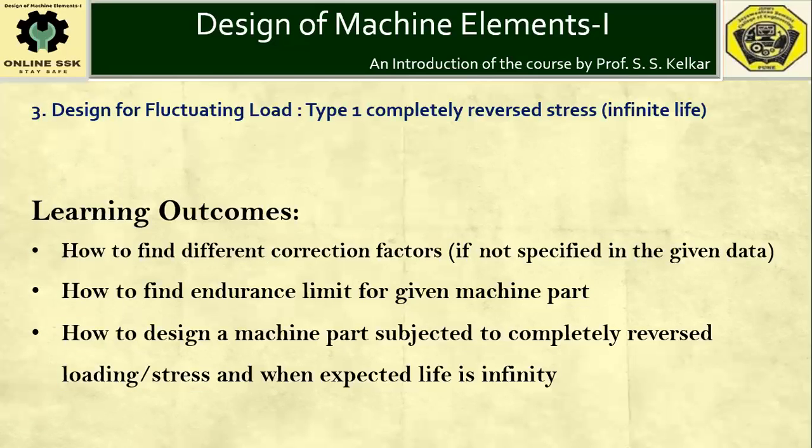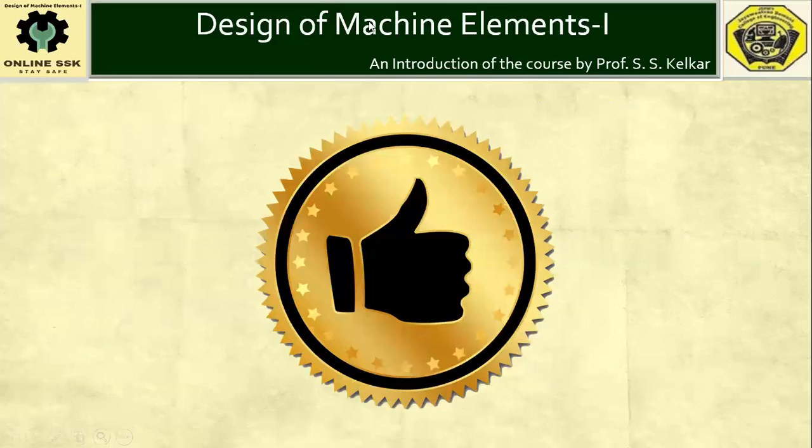For such cases, if expected life is infinite, how to design that using the basic design equation, that is sigma induced equated with sigma permissible, that also we have discussed through this video tutorial. That's all for today's video tutorial.